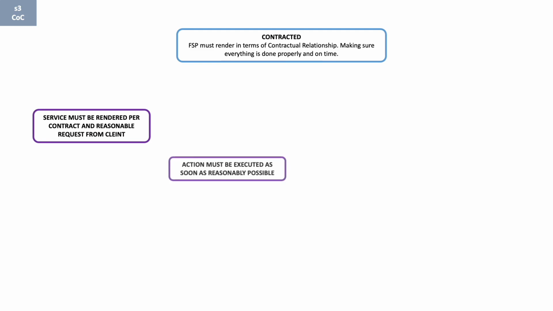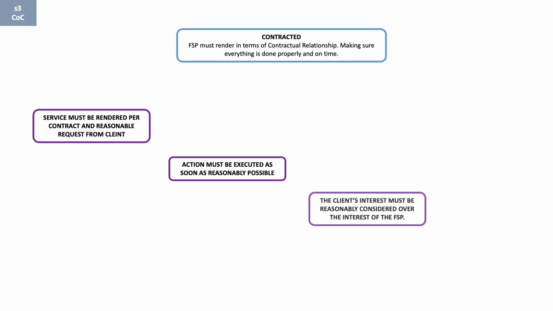Action of the contract or request from the client must be executed as soon as reasonably possible. The client's interest must be reasonably considered over the interest of the FSP. Transactions of the client must be accurately accounted for.